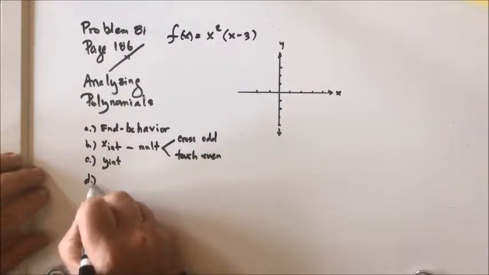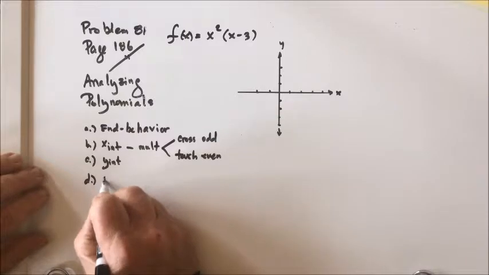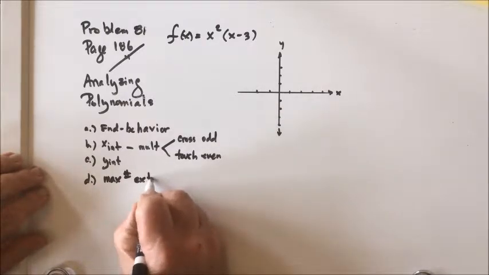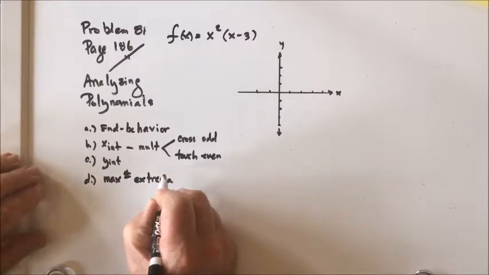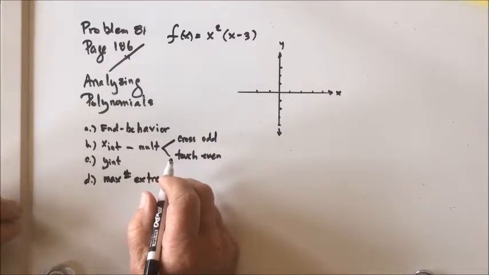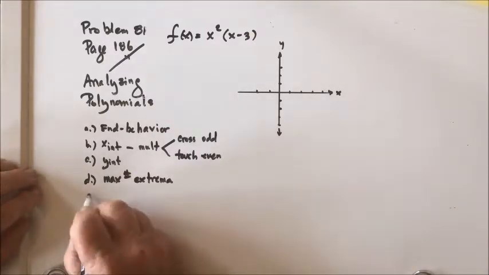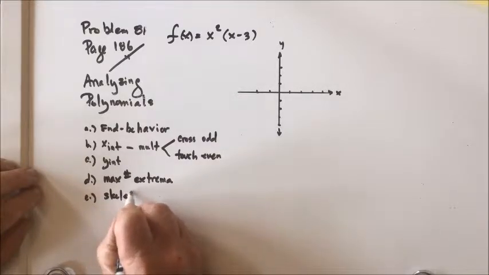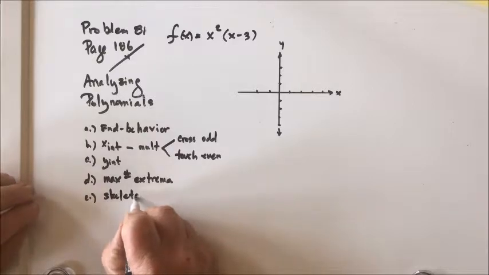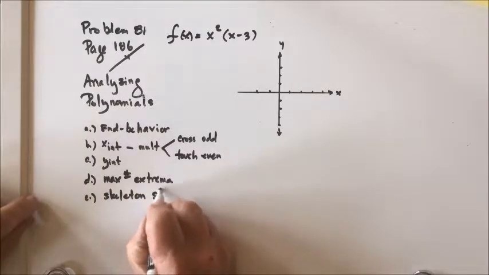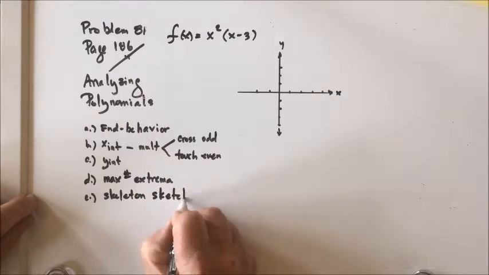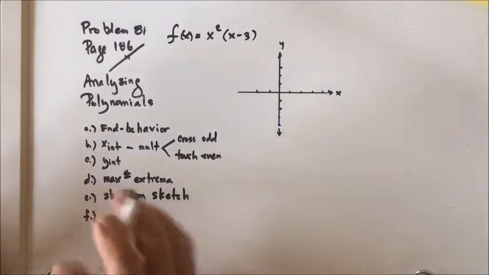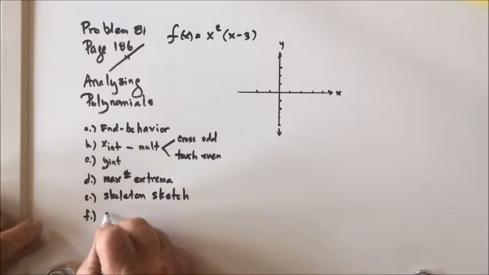It's worthwhile to determine what the maximum number of extrema are, just to sort of check yourself. And from this, you can sort of draw a skeleton in some ways. You can sort of start to sketch out, I'll call it a skeleton sketch, how the graph of the function is going to behave.